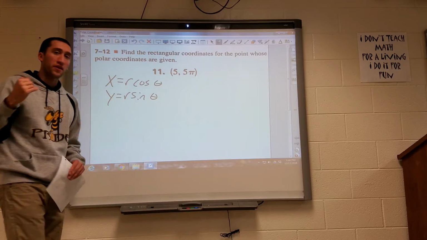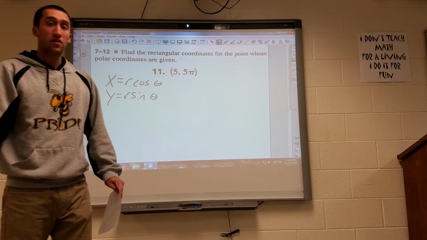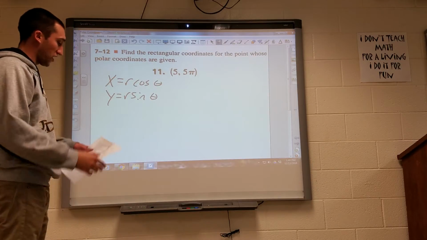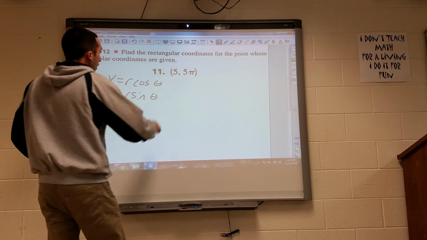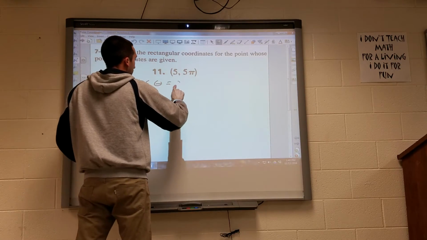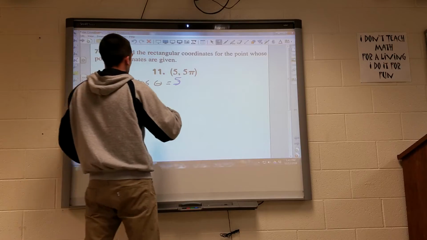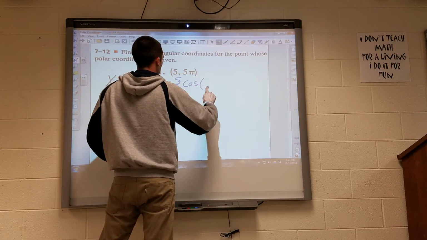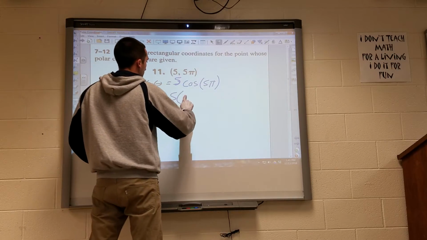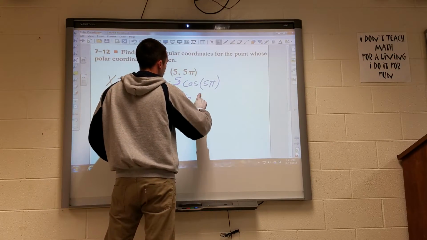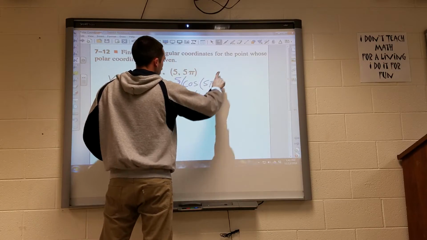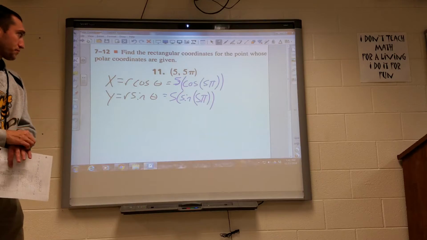Sticking with the same theme, x is our cosine, y is our sine, we just have this radius in front of our sine and cosine now. So if I plug in, I get 5 for my r times cosine of 5 pi, and just like down here, 5 for my r times sine of 5 pi. So 5 is times all of that.